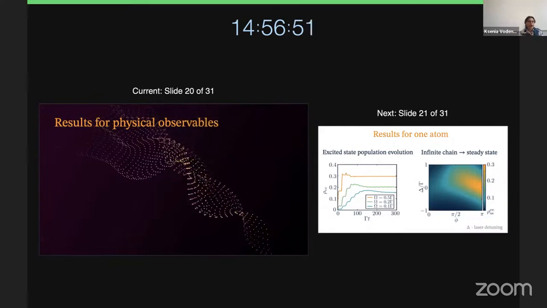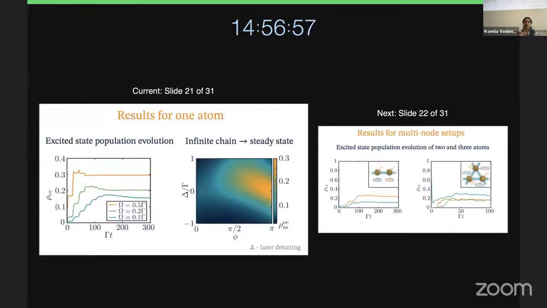And now just to show, okay, we have a method, what can we calculate with it? Well, we can calculate the population evolution up until some very long time for different driving strengths. We can also actually target directly the steady state for the atom.